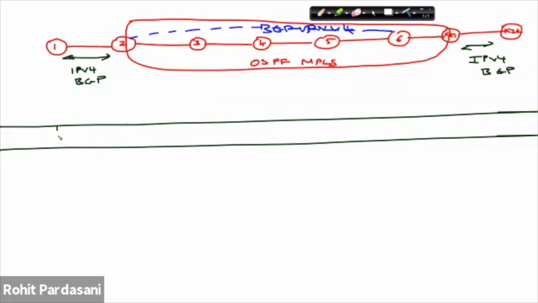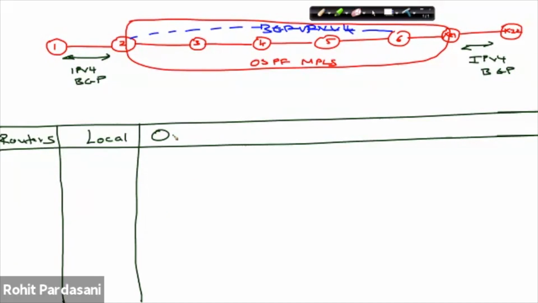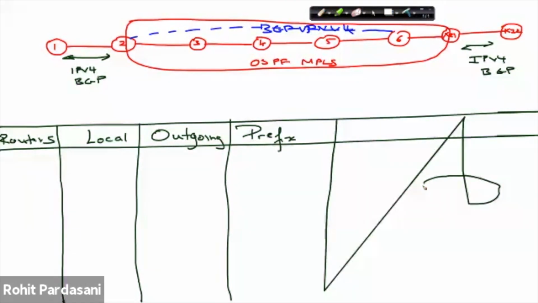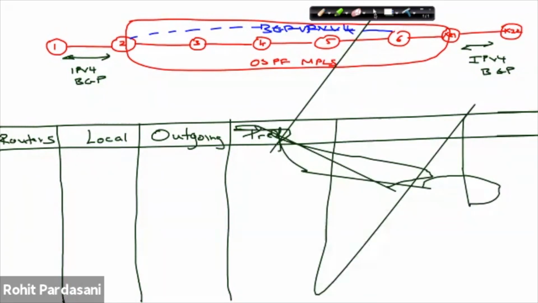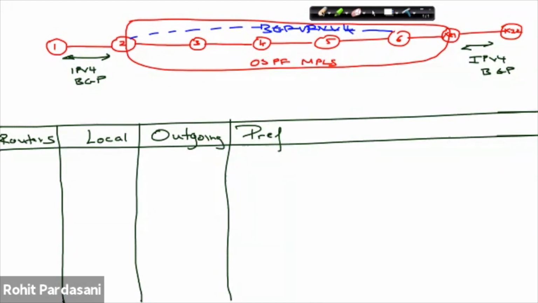So I have my routers here. So these are my routers. I have local label. I have outgoing label. I have the prefix. Seems like something is wrong. Okay.